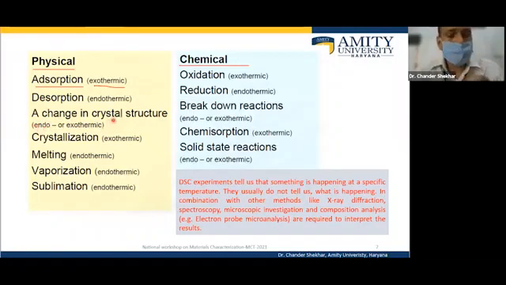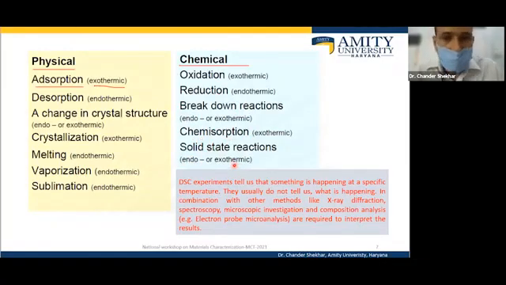There is crystallization, when you have the melt and it crystallizes to give an exothermic peak, and then melting, as we just saw in the last slide, vaporization, sublimation, oxidation, reduction, or there are reactions, chemisorption, solid-solid reactions, etc.